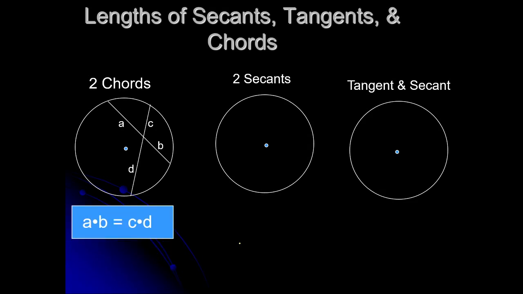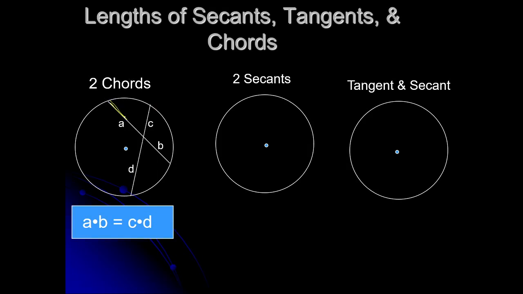So take note, I will be multiplying A to B. A and B are found in the same line, in the same chord, in the same secant.